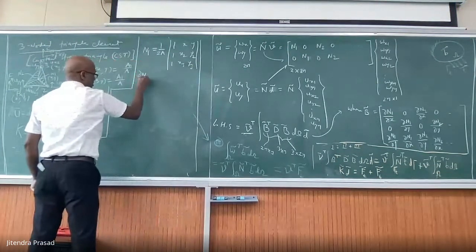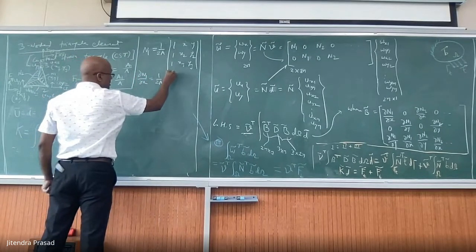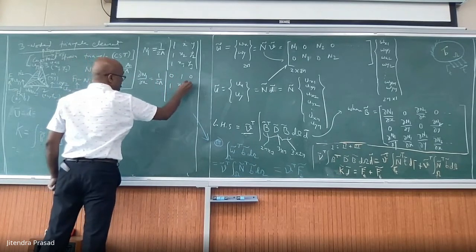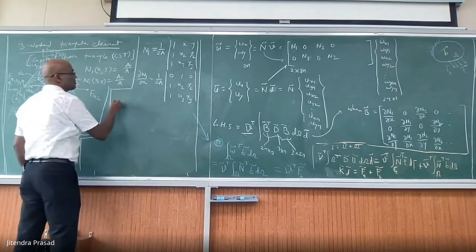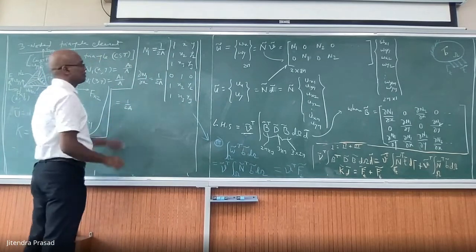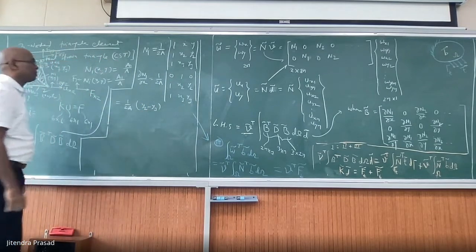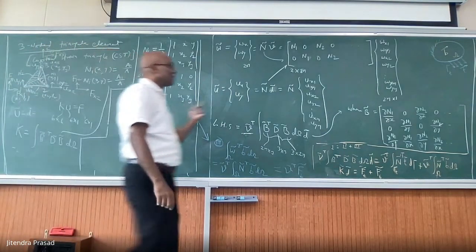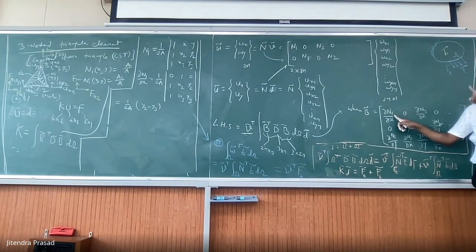So del N1 over del x is equal to 1 over the area of the triangle, and then you have 0, 1, 0, 1 x2 y2, 1 x3 y3, which is equal to 1 over 2A times y2 minus y3. So this you will write here. Does it have x, y in that? No. Hence, you get a B matrix which is constant.